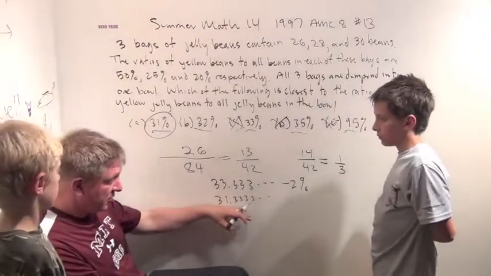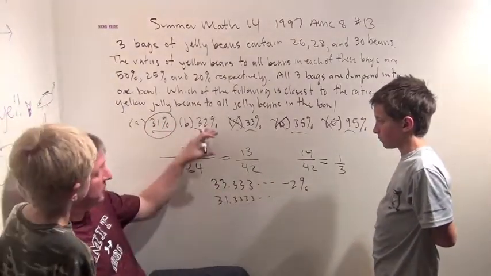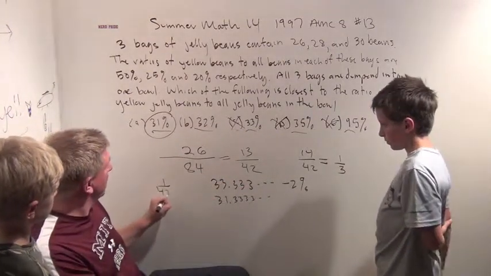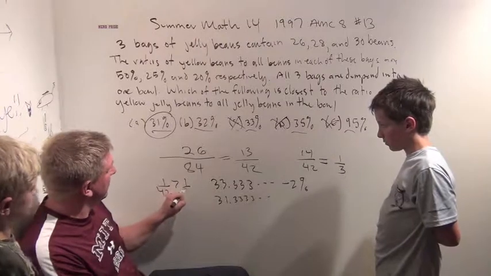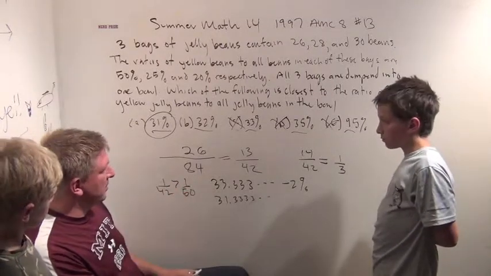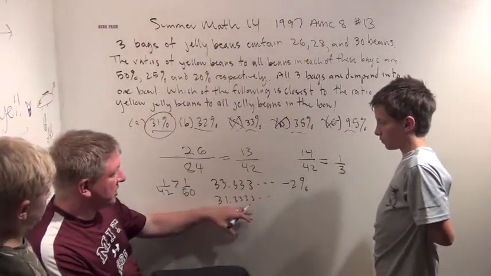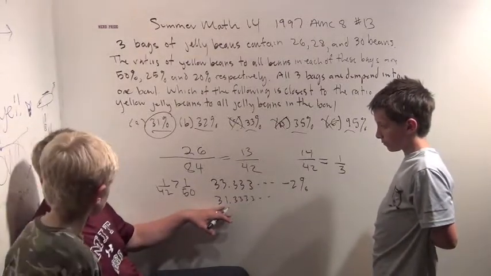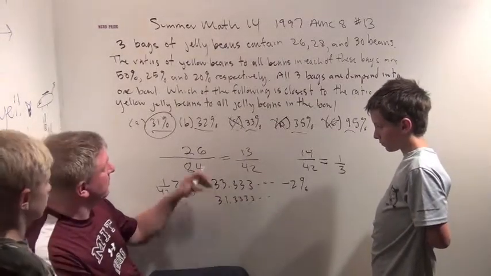Now this is pretty close to in between 31 and 32 though. We have to remember that 1 over 42 is bigger than 1/50th. So that means when I subtract this away, I actually get a smaller number here. So it's probably very close to 31 actually. Okay? So there we go.